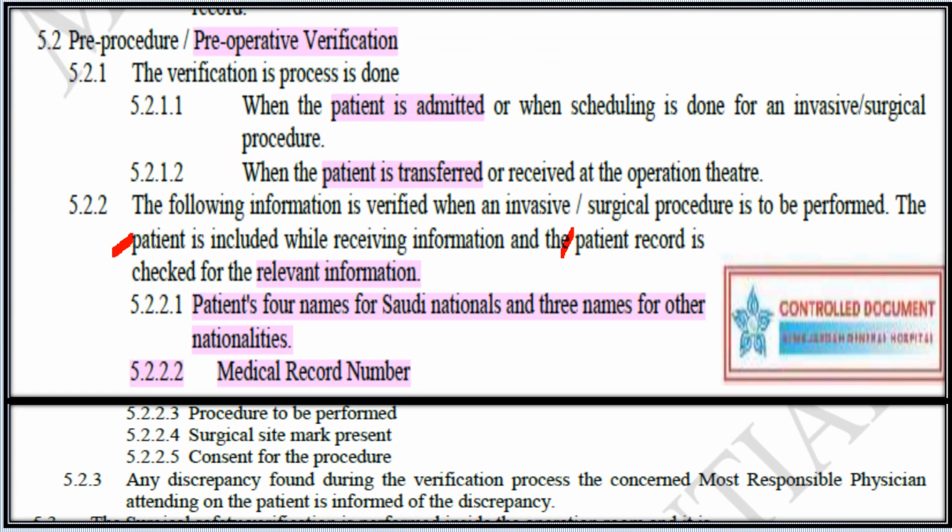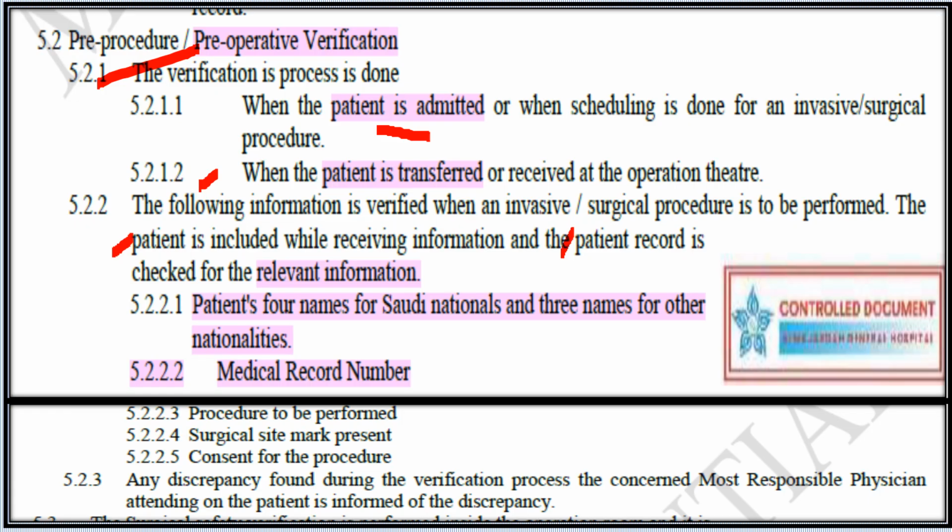Okay, pre-operative verification. The verification is done when the patient is admitted, or when scheduling is done for an invasive surgical procedure, or when the patient is transferred or received at the operation theater. Now, the following information is verified when an invasive or surgical procedure is to be performed.